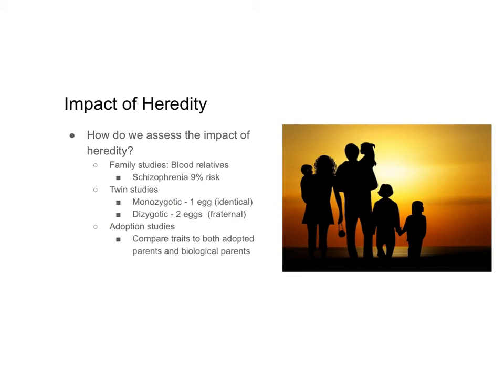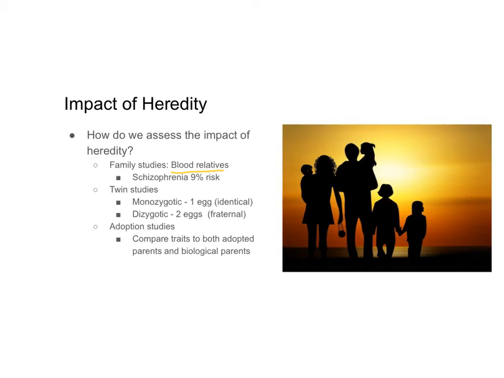So what is the impact of all this? After we study this, what does this mean? Well, we take a look at how knowing this information could impact our behavior. And the first thing that we know is that with family studies, we take a look at blood relatives. These are relatives that have a blood relationship to you.